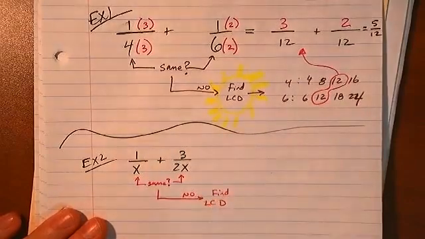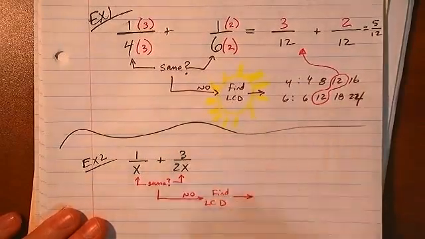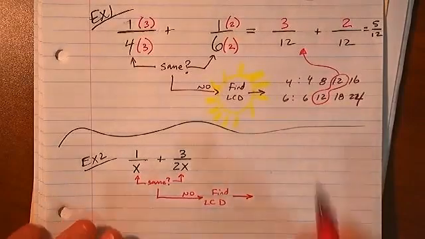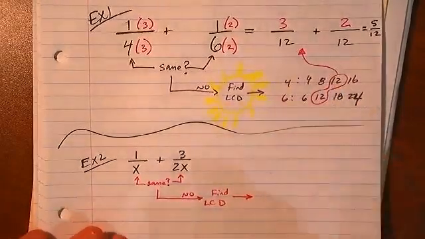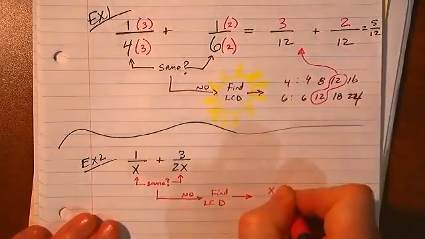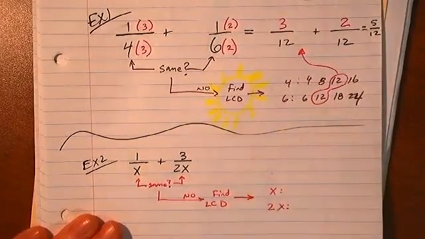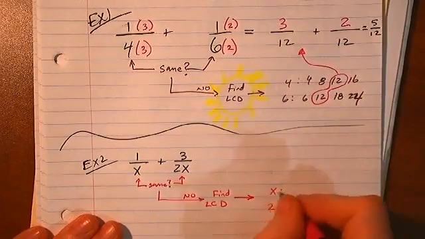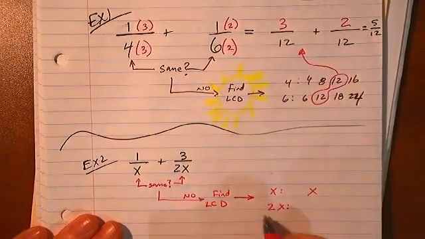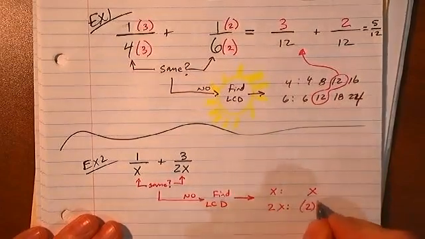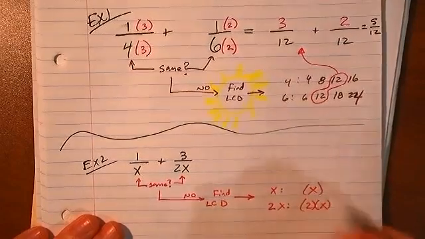And this is what we talked about in the last video. When we do that with variables, we don't just simply write out these things. What we do is we write factorizations. Well, in this case, they are factored. This is like a 1 times x, it's just an x, 2 times x. If you want to put in the parentheses, you can, if that helps you to visualize it.